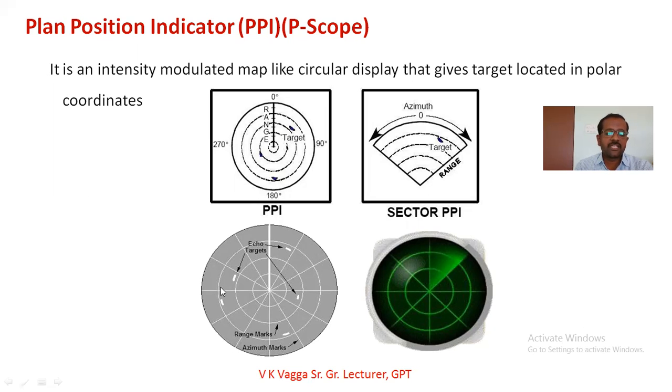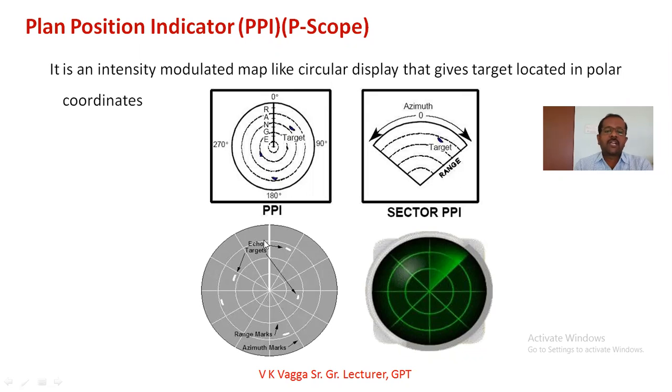You can see another example, in which a number of targets are identified: target 1, 2, 3, 4, 5. Based on the actual distance from the center, we can measure the range here.